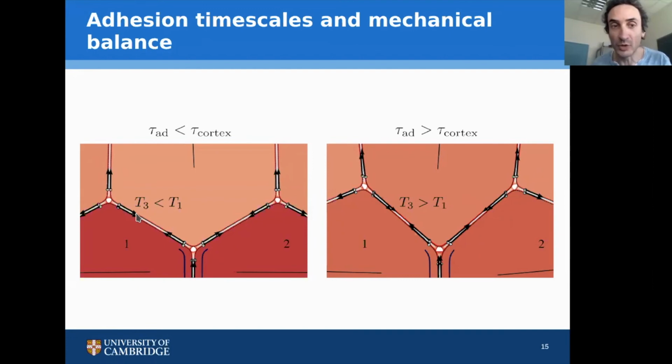You have slightly lower tension in the cortex next to the cell which is contracting. Whereas if you have a slow turnover of these adhesion molecules, then you'll be able to really bend them and also play in the tangential direction with these springs.